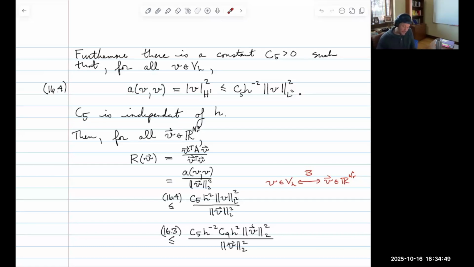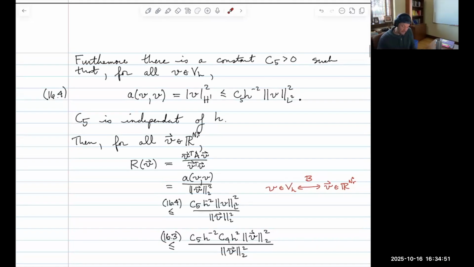All right, now let's use 16.4, that's the inverse inequality, to estimate this guy on the upper side, or given an upper bound to this object here. The upper bound that we have from 16.4 is C5 h to the minus 2 times the L2 norm of v squared.